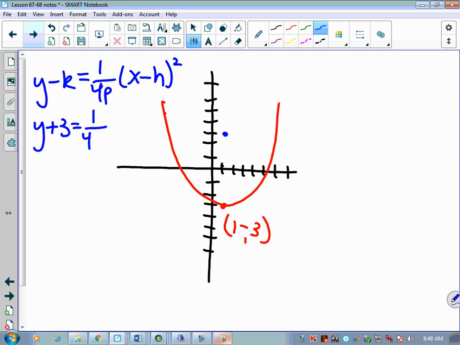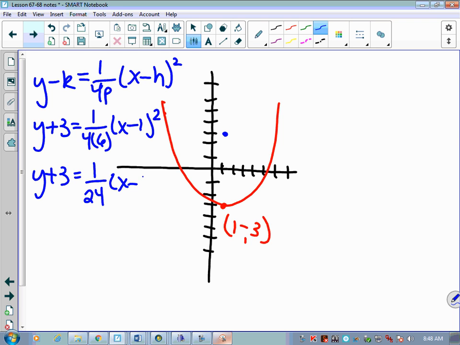So what's the distance between my vertex and my focus? 6. Let me make sure. Okay, so we've got 6. Then we've got x minus what? Minus 1 squared. So we'll solve out what we can do. We should get 1 over, what, 24?